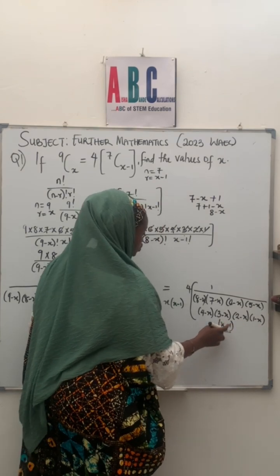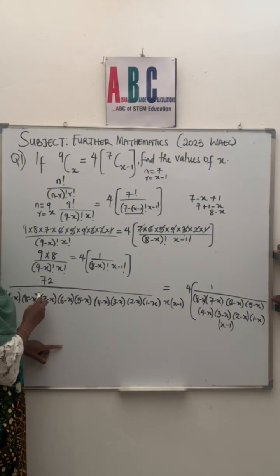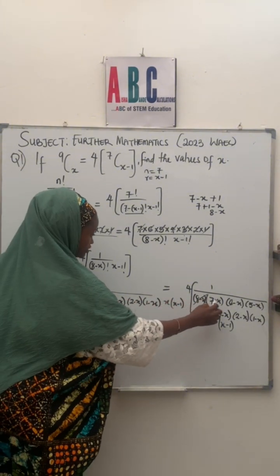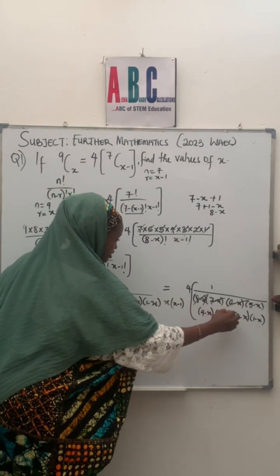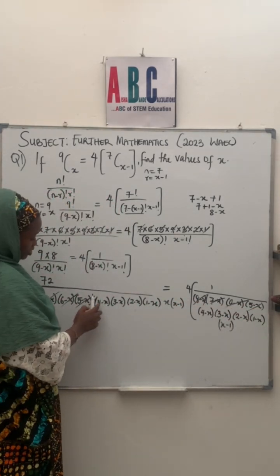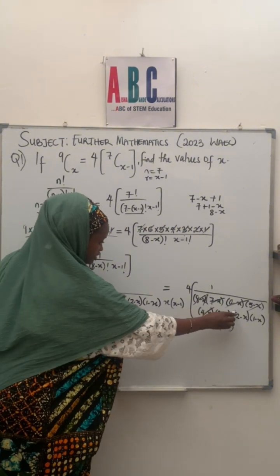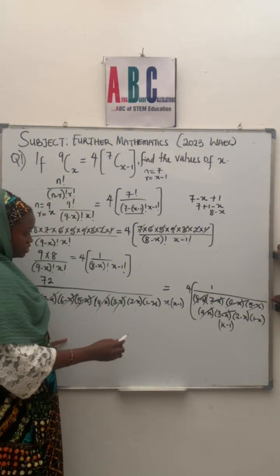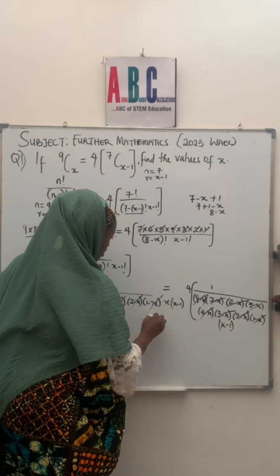Okay, so looking at this from here, 8 minus x cancels out the 8 minus x, 7 minus x cancels out 7 minus x, 6 minus x cancels out 6 minus x, 5 minus x cancels out the 5 minus x here, 4 minus x cancels out 4 minus x, 3 minus x cancels out the 3 minus x, then the 2 minus x also cancels out here, 1 minus x also cancels out here.